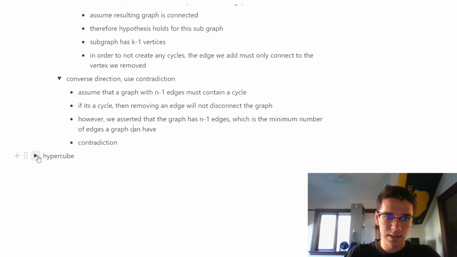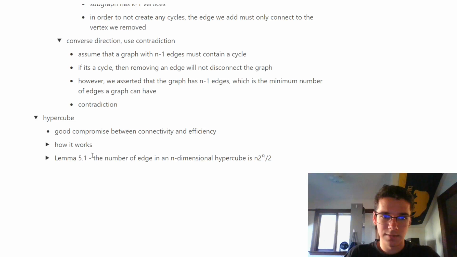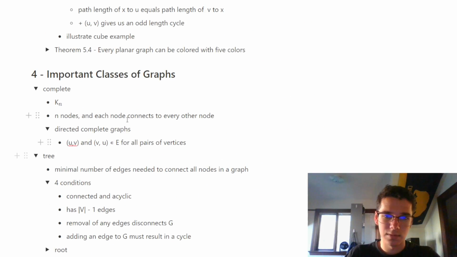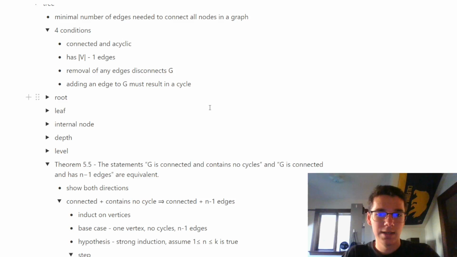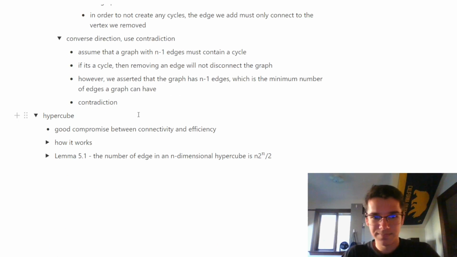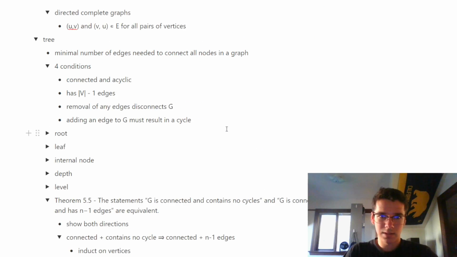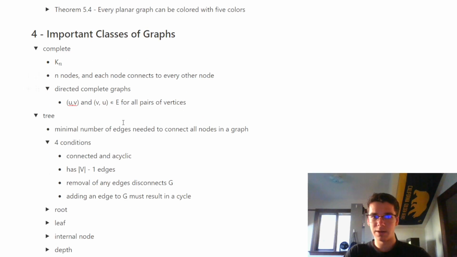Okay, the next and last category of graphs is the hypercube. And something they talked about between trees and complete graphs. So a complete graph has the maximum number of connections to all other nodes in the graph, right?